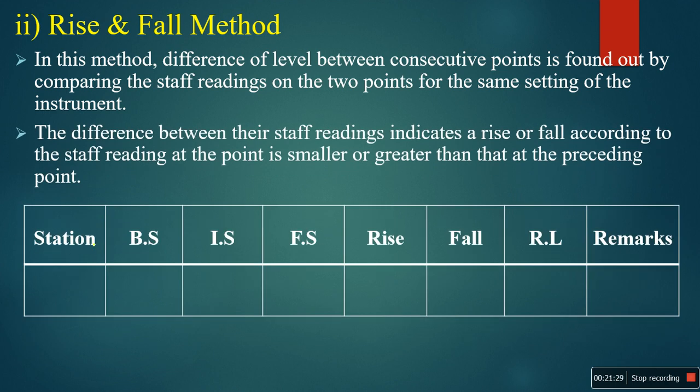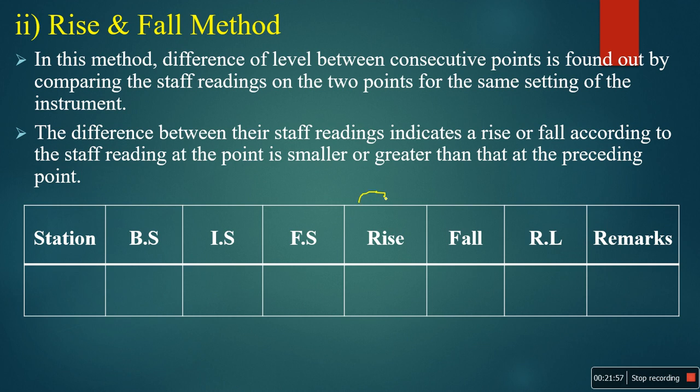Again, the first four columns are the same: station, BS, IS and FS. In the previous method the next column is height of instrument, but in the rise and fall method, first there is rise, then fall. Next is RL as it is, and last is remarks. This is the tabular form used in the rise and fall method.